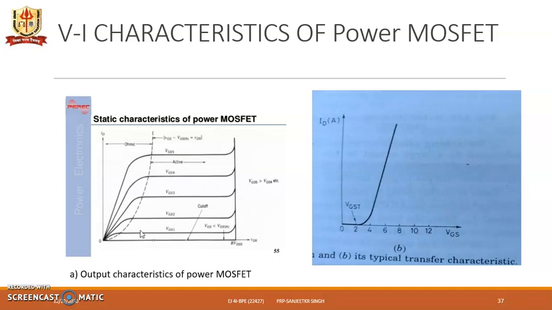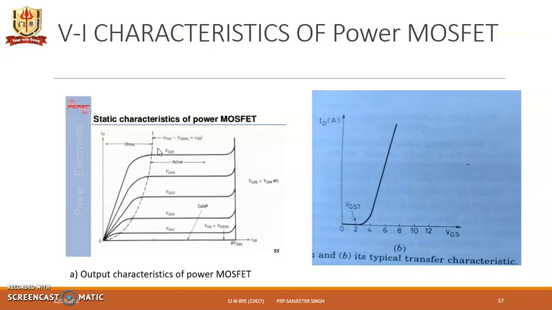As we increase the VGS, the gate source voltage, we get more ID current, drain current, for the different VGS values, as VGS5 is greater than VGS4 and greater than VGS3. So drain current increases proportionally and remains constant for the active region.